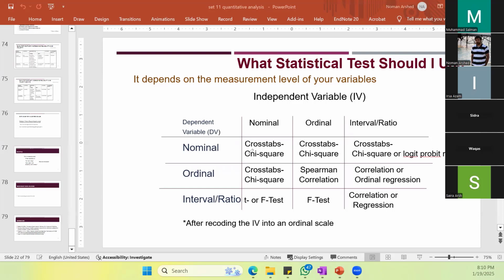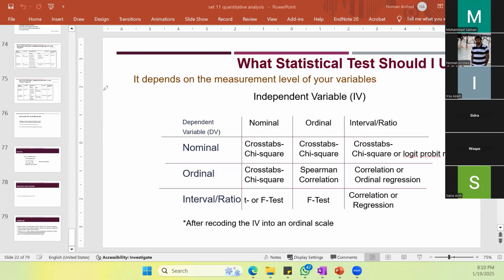Okay, so if we are looking at a paper where both nominal variables are being compared, it means the method that we will use is cross tabulation and chi-square. So whenever we see chi-square used, we use this method as a technique to compare two nominal variables.